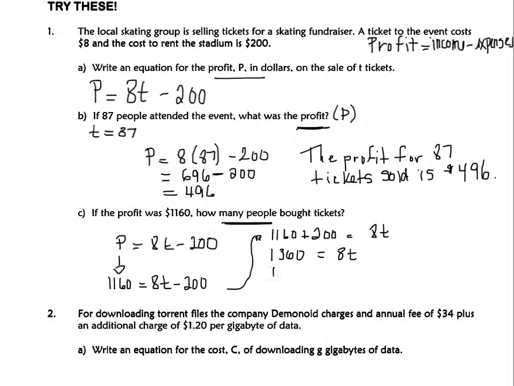And then we want to isolate the t by dividing both sides by 8, which is going to give us 170.